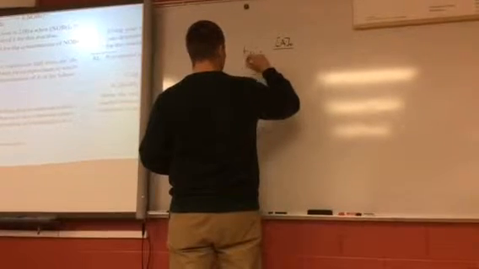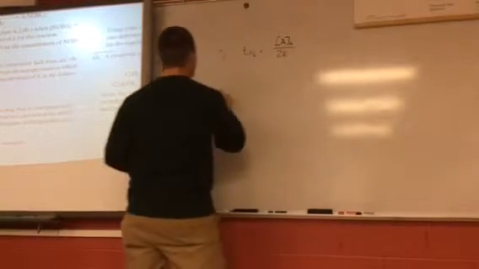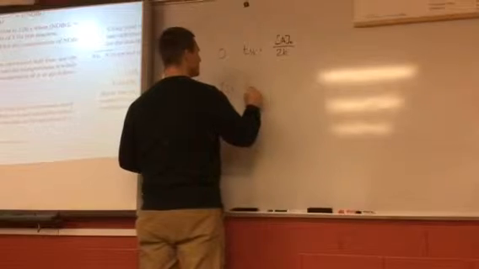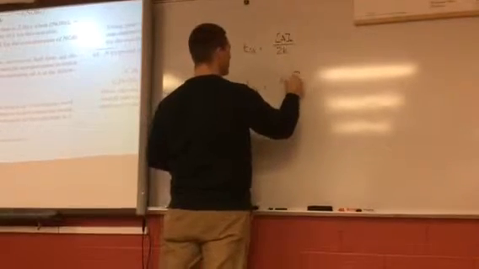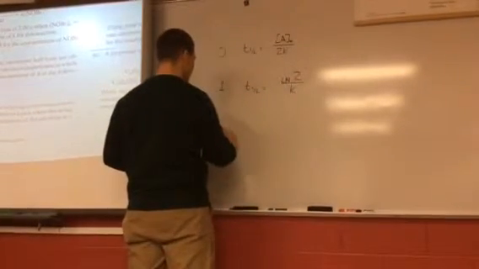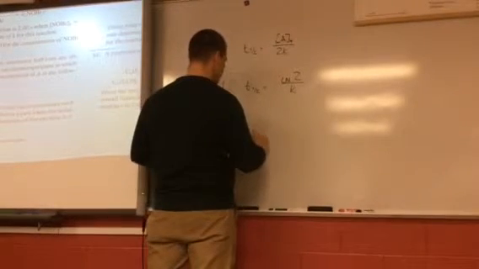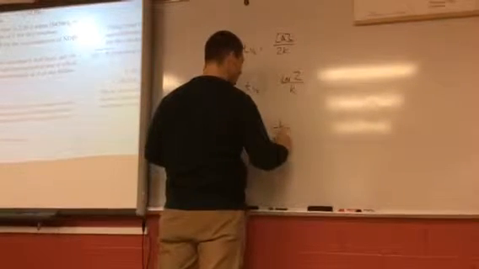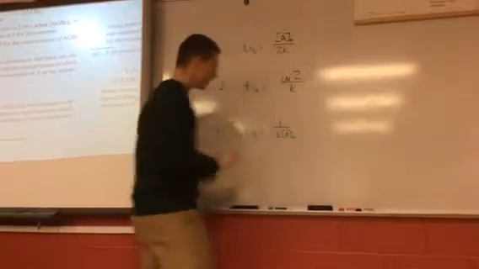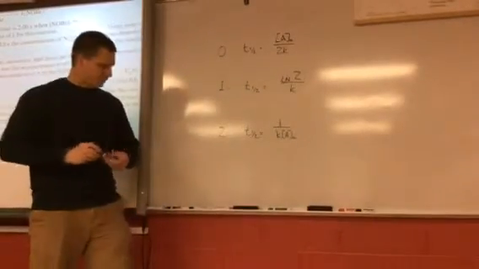Then first order is ln of 2 over K. And then second order is 1 over K. There's no 2 in this one, right? No. Thanks.